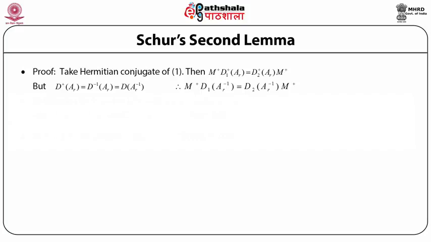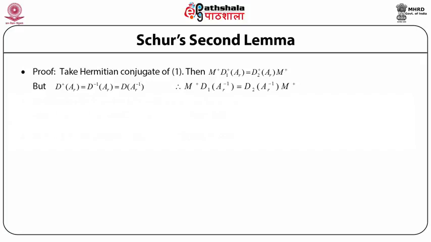But D dagger of AR is equal to D inverse of AR because any representative matrix can be considered to be unitary, and since the representative matrices satisfy the same group multiplications as the elements themselves, D inverse of AR, which we have seen earlier also, is D of the inverse of the element.